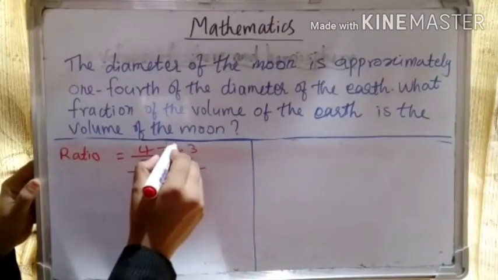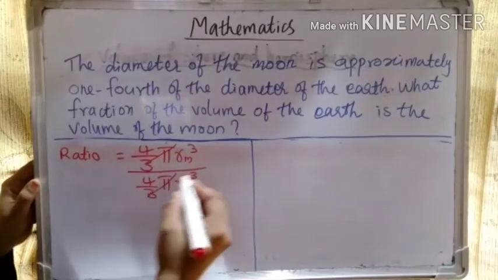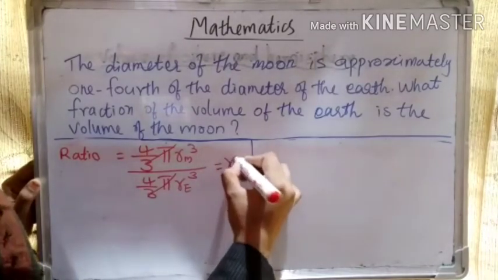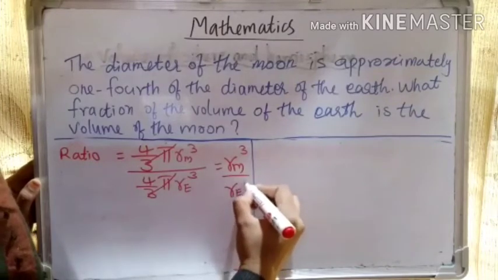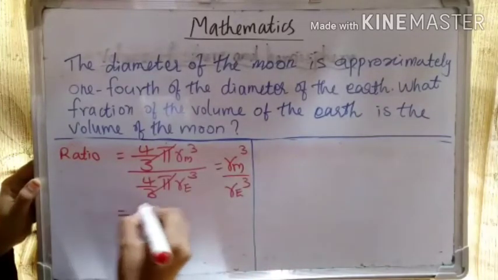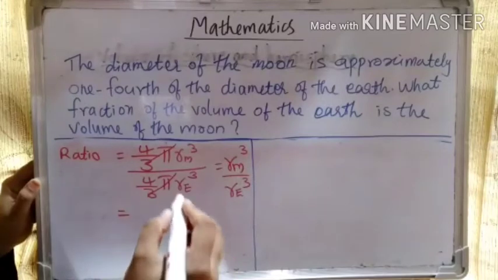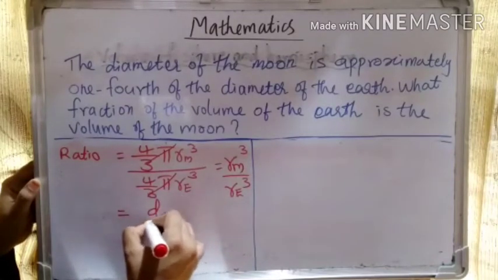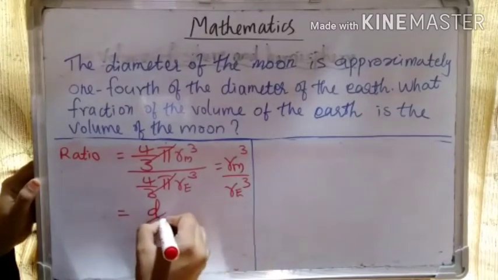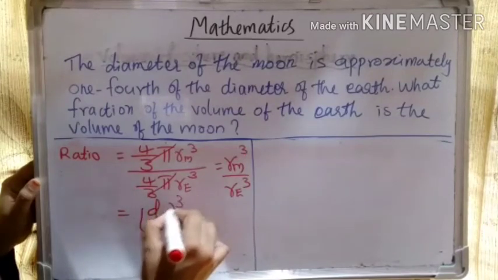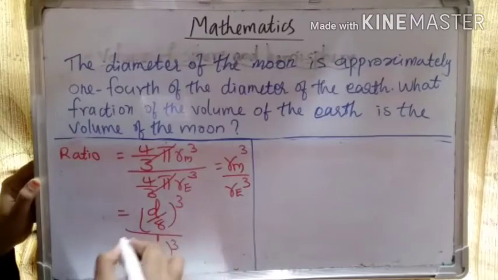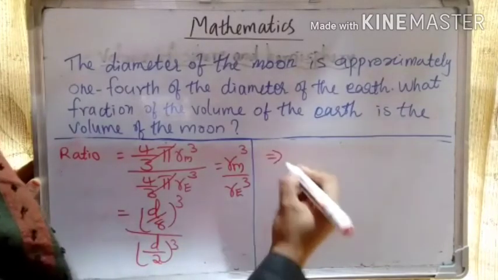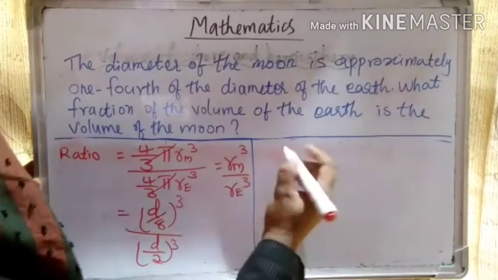We can cancel 4 by 3 pi. Then what remains? Radius of moon cube divided by radius of earth cube. We know radius of moon is d by 8, so (d by 8) cube by (d by 2) cube.